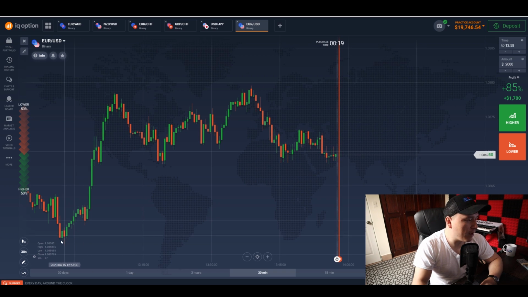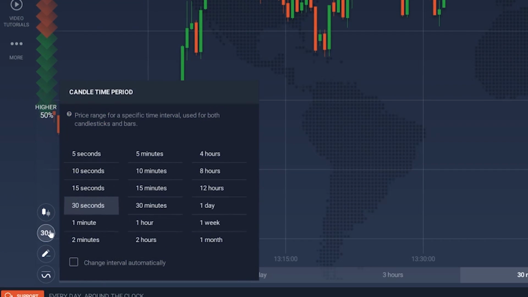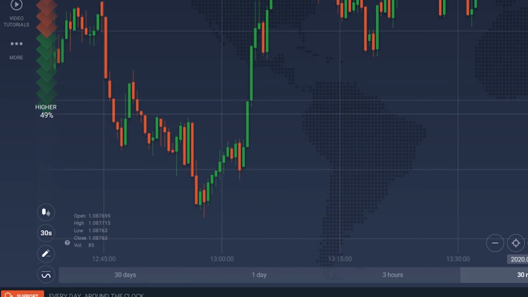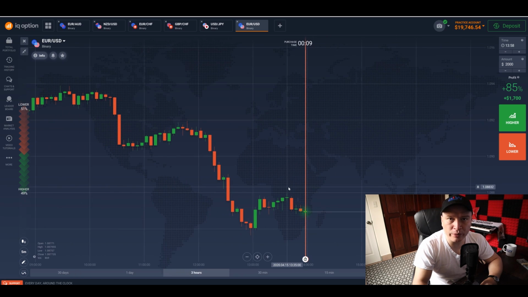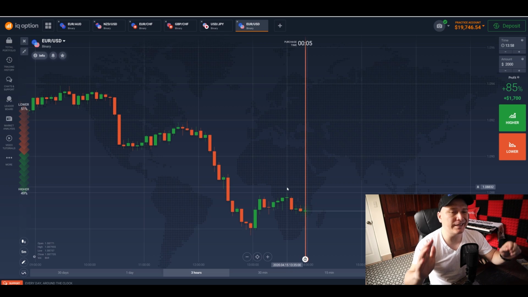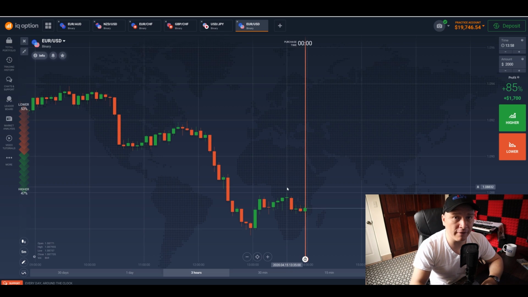Very simple. Then we need to change it to 5 minutes. Even though the strategy is called the 2-minute strategy, it's also good for 5 minutes, with the same settings. The only difference is that it changes for 5 minutes.